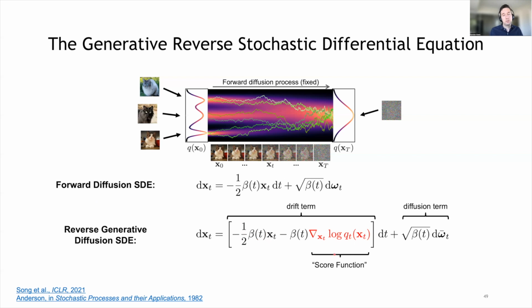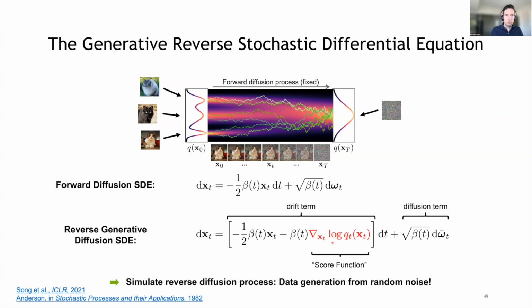But then there is this additional term here, this red term, and that is very important. This is the gradient of the logarithm of the marginal diffused probability density of the data, and this is known as the score function.